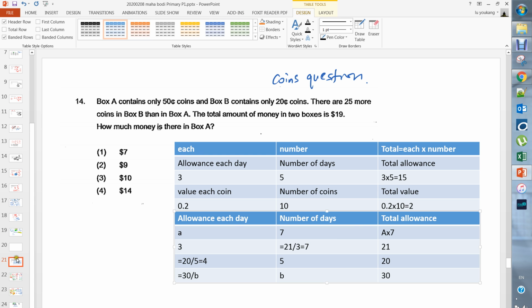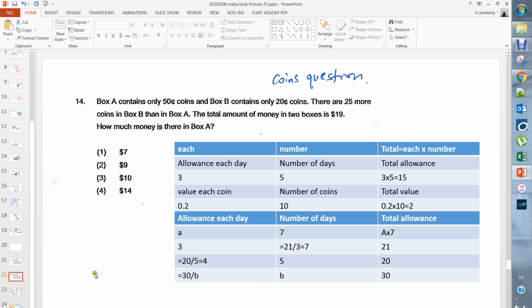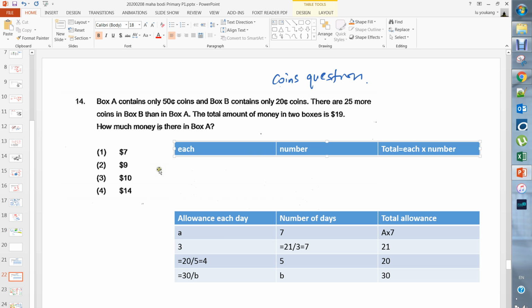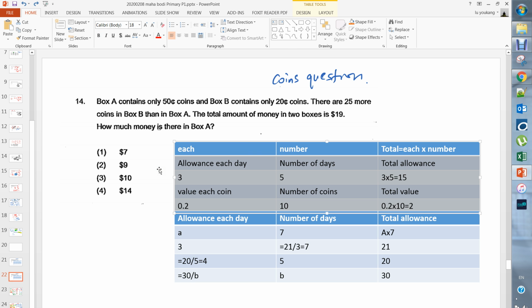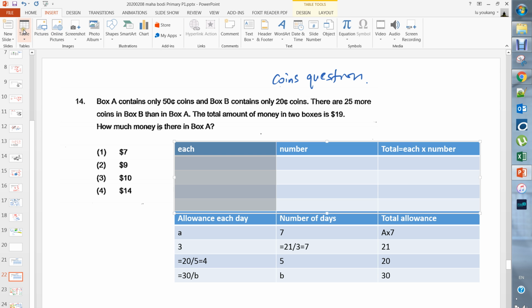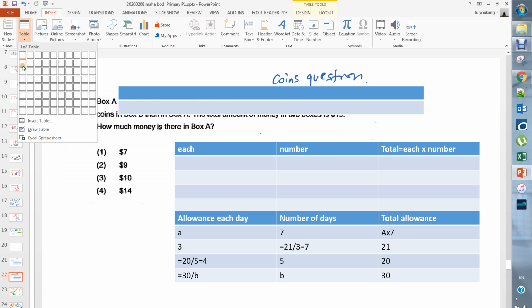So I'm going to replicate this. Let me get rid of this first. I'm going to get rid of the contents only. So here they talk about what? Box A contains only 50-cent coins. So basically, in this case, let me insert something more.